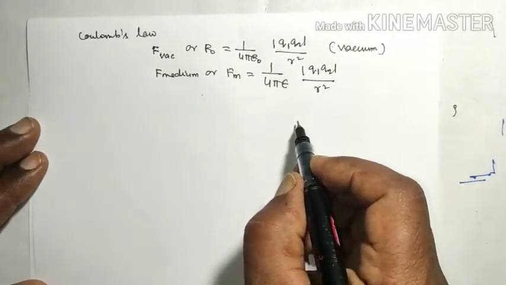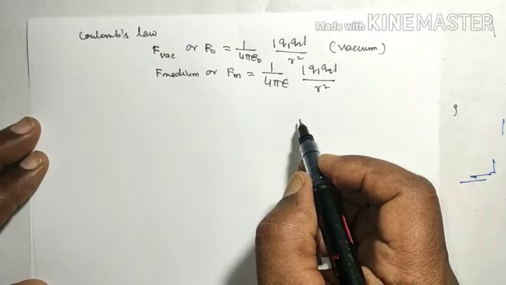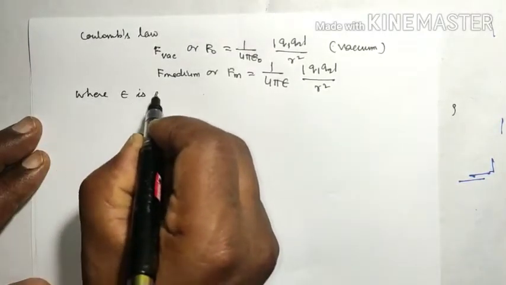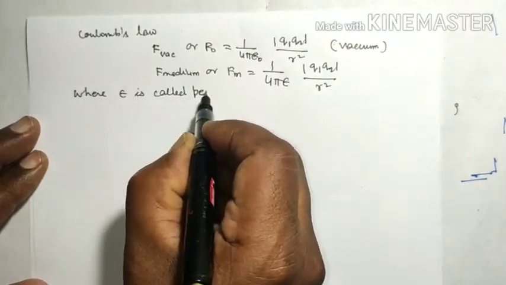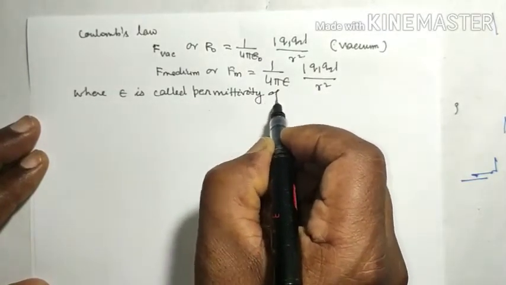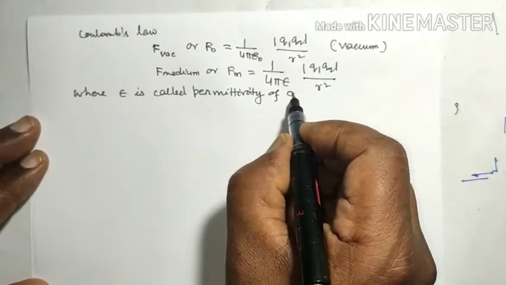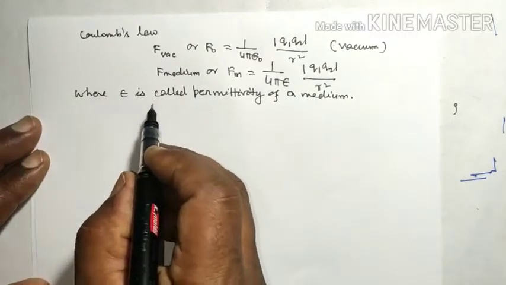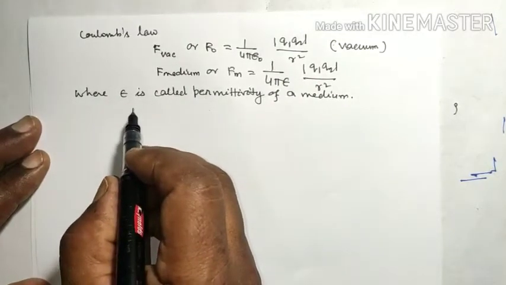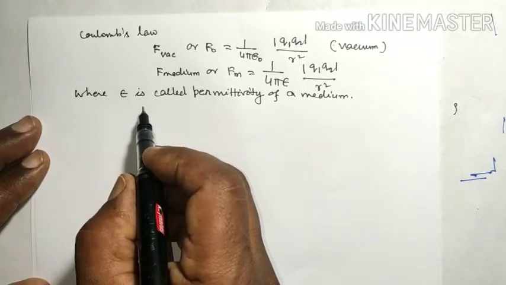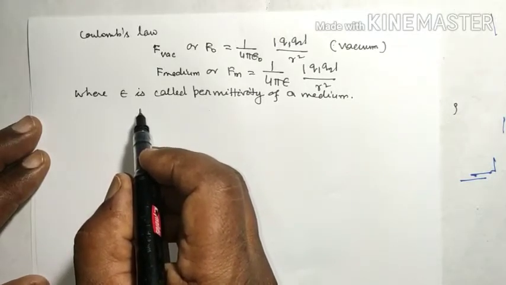This is in a medium in which the two charges are placed, where epsilon is called the permittivity of a medium. Epsilon characterizes the matter. It measures the electrical response to the force between two charges which are placed in a medium.